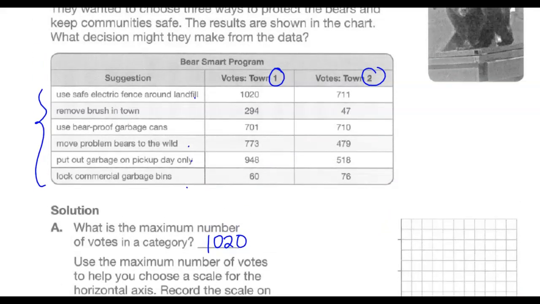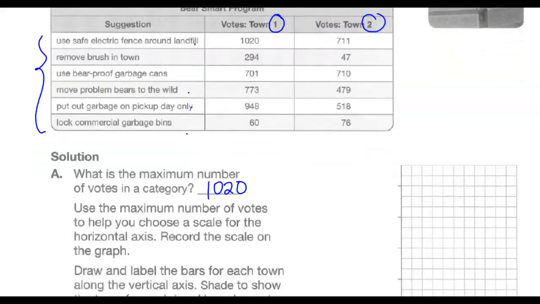Now, I'm going to kind of short form just because I don't have a lot of space. When I'm using a tablet, it's even harder. So I'm going to put electric fence. Oops, electric fence here. Okay, then remove brush.